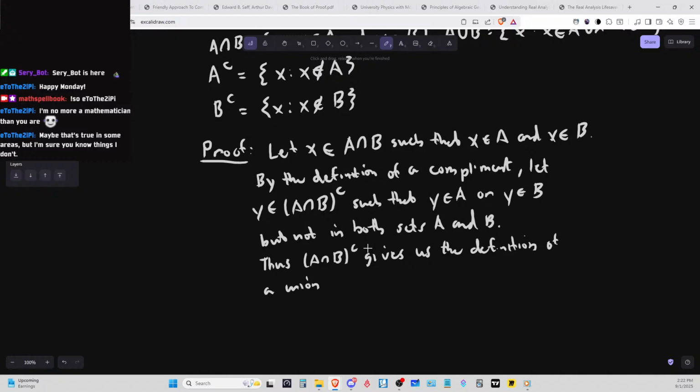The thing with the union is that it can involve both, but it doesn't have to. Unless I take this part out.